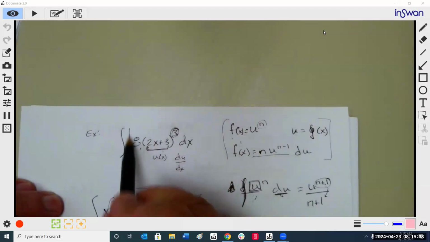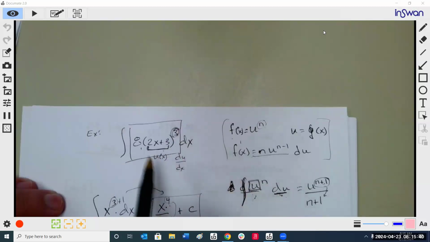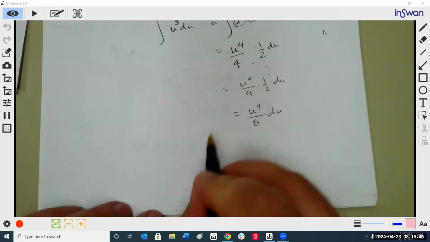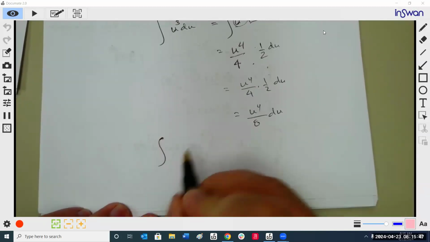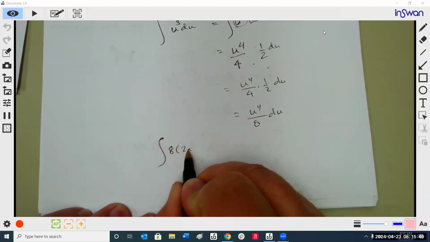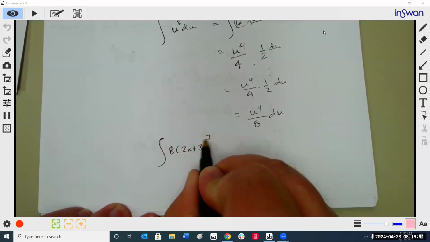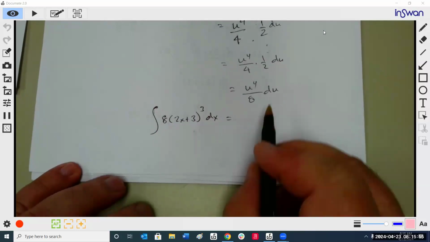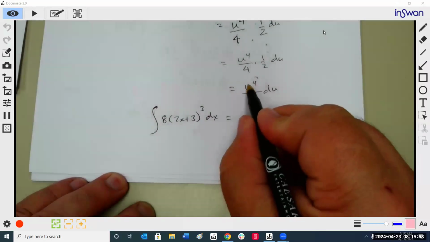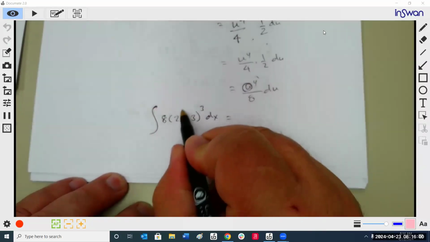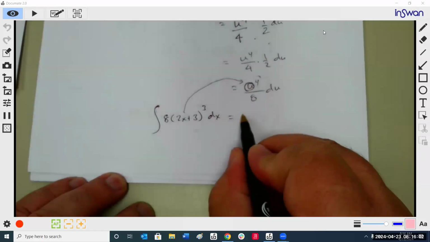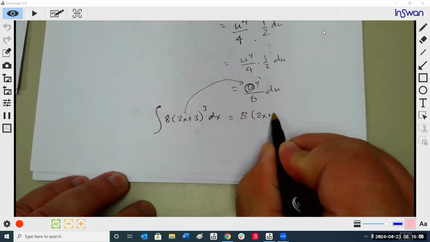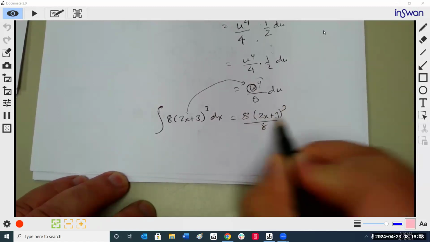So remember, our original equation we started off with was 8. So we plug everything back. So we have 8 times (2x plus 3) to the power of 3 dx. And that's where this part goes in. So we have 8 times (2x plus 3) to the 4th divided by 8.